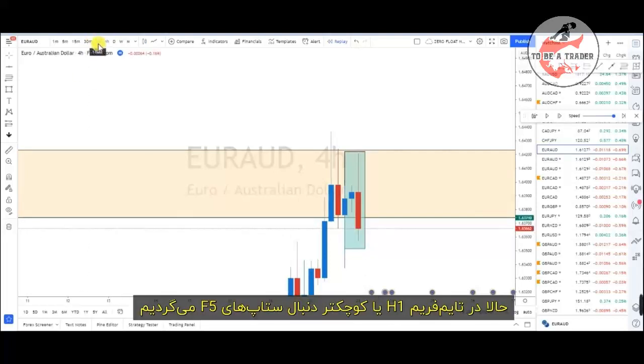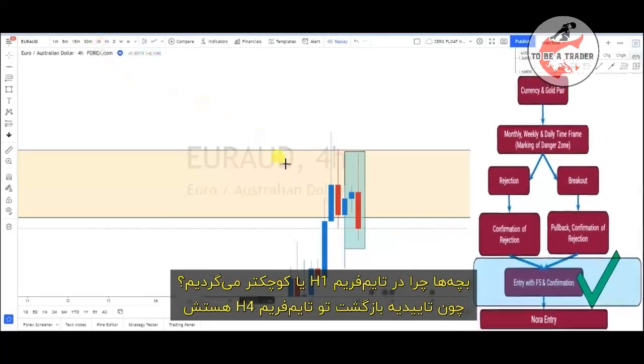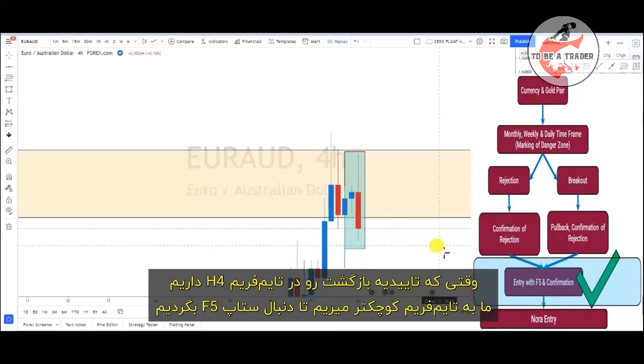Next, we look for the F5 setup at the H1 time frame and below. Why is it at the H1 time frame and below, guys? Because the confirmation of rejection is at the H4 time frame. So when we have the H4 as our confirmation of rejection, we move to the smaller time frame to look for the F5 setup. So let's go to the H1.